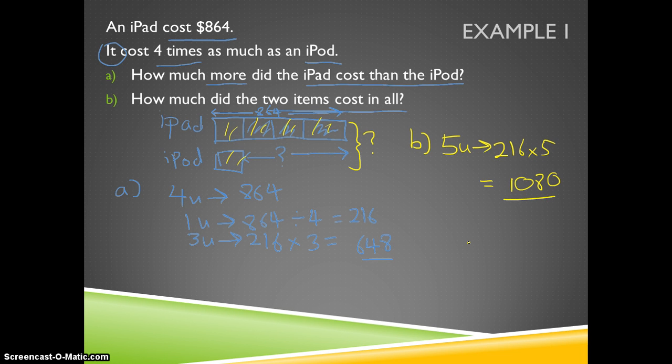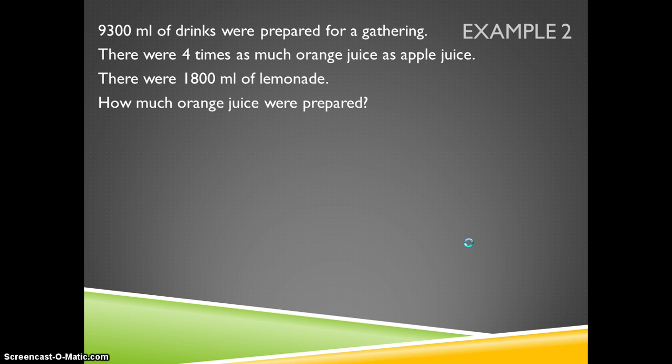Okay. Now example 2. 9,300 ml of drinks were prepared. 4 times as much orange juice as apple juice. 1,800 ml of lemonade. So how much orange juice was prepared?